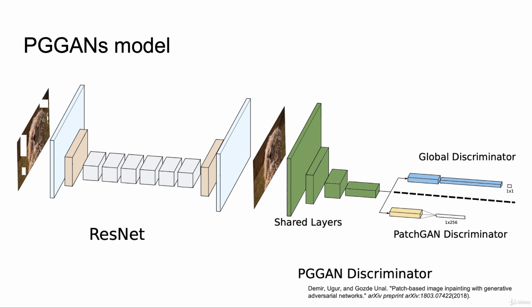After that, we construct a discriminator in such a way that formally we have two discriminators. One is a global discriminator that decides whether the full image is real or not, and the other is a patch discriminator, which predicts a vector of probabilities where each element decides whether the given patch is real or not.